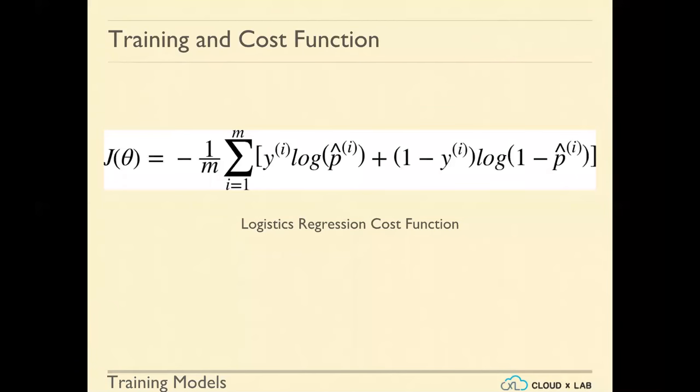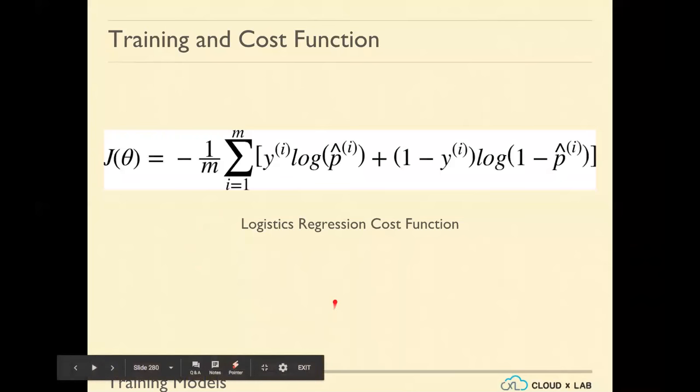Then sum up the cost over all of the records in the data set, and minimize that, using your standard algorithms that we have learned, whether gradient descent, stochastic gradient descent, or mini batch. Is everybody on the same page?